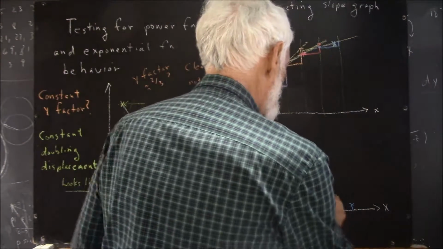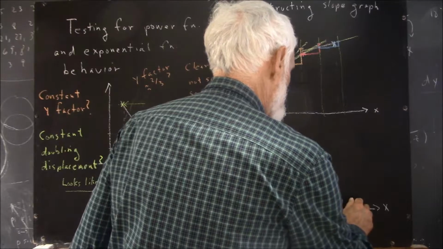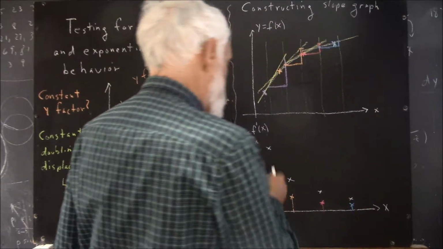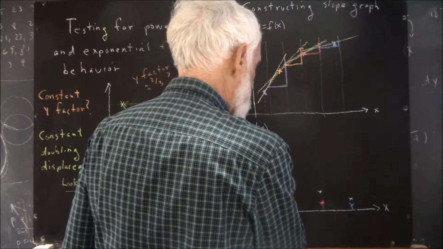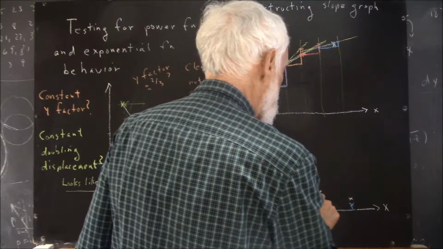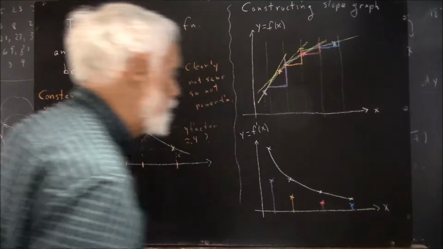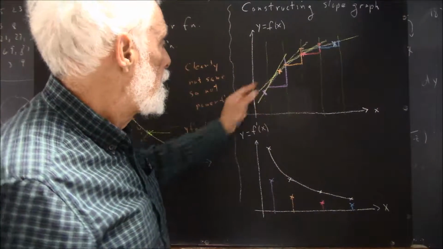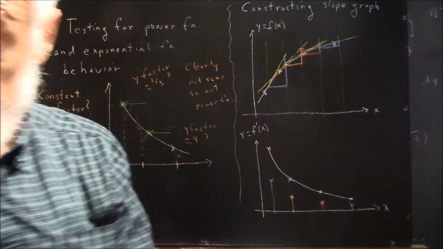Okay, so I just double all of these values, and now I sketch a curve to represent my slope graph.